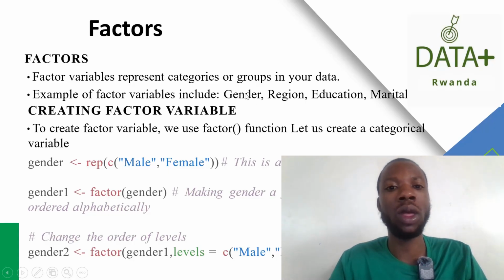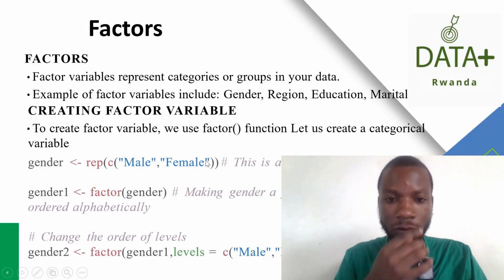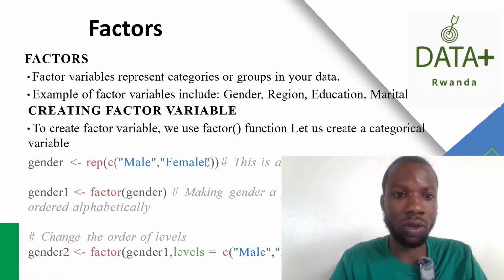At that time, instead of having male and female, we say let's take 1 to represent male and 2 to represent female. From that kind of situation, that's where we will also need to make the factor. So we are trying to show you how we can create the factor.